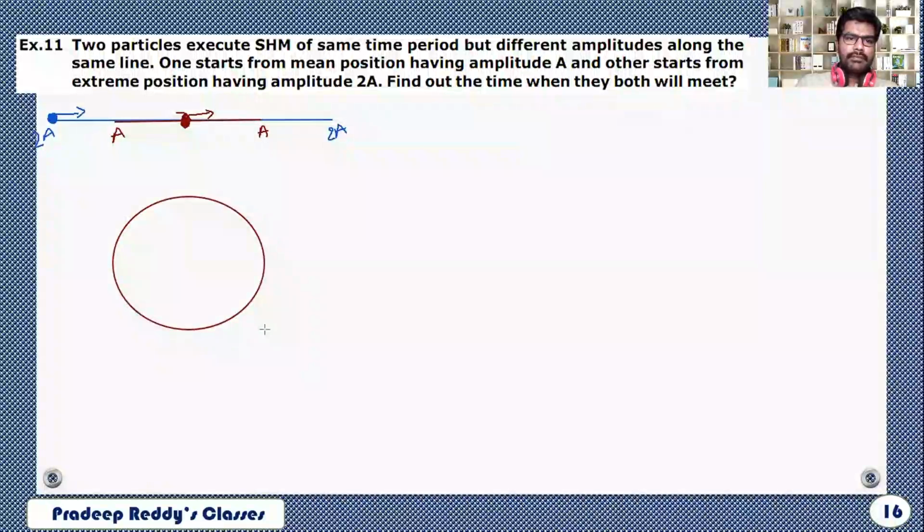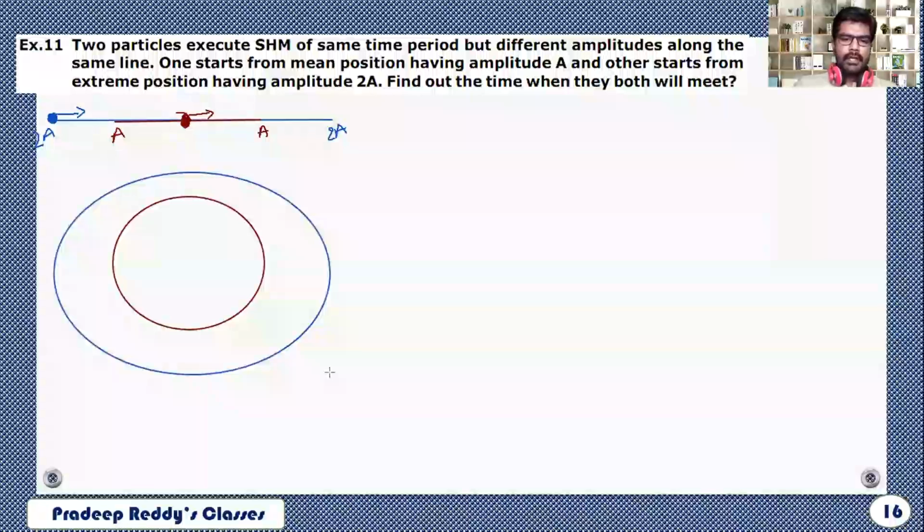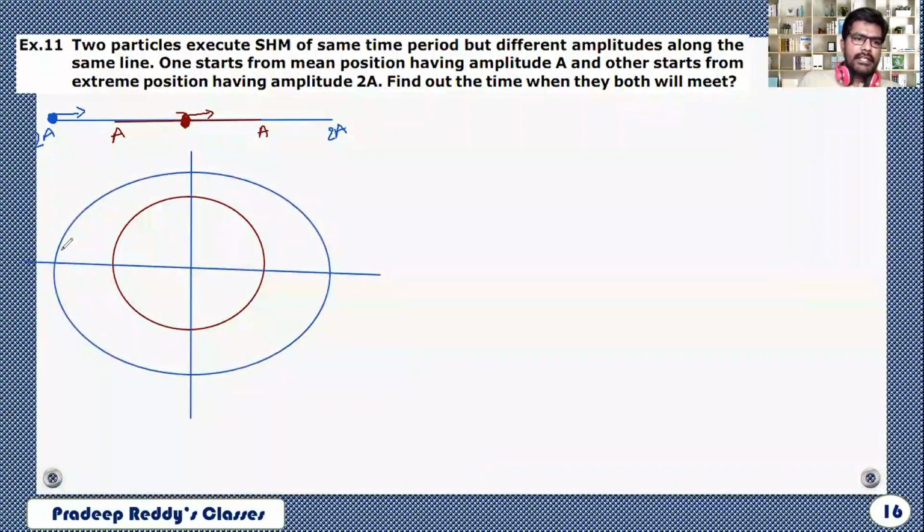This is the motion of the first particle, and this is the motion of the second particle, right? Now I can take their amplitudes as a and 2a. This is the y-axis. One particle is starting at extreme position, and the other particle, the brown color particle, is starting at mean position.